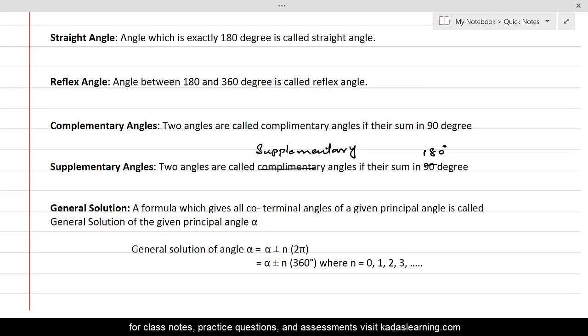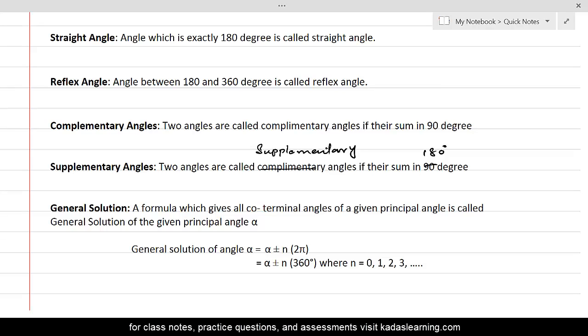So n is really the number of turns, but every time we make a turn, we end up in the same location. That's why addition of 2 pi or an integral multiple of 2 pi doesn't change the location of the terminal arm.